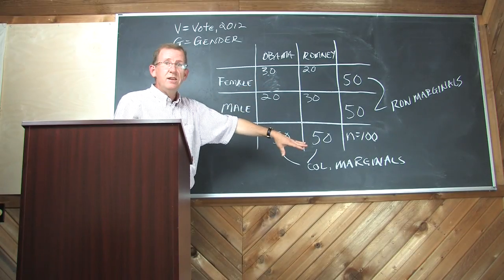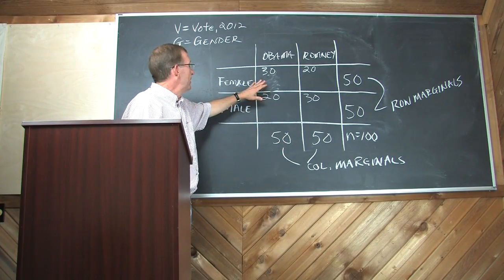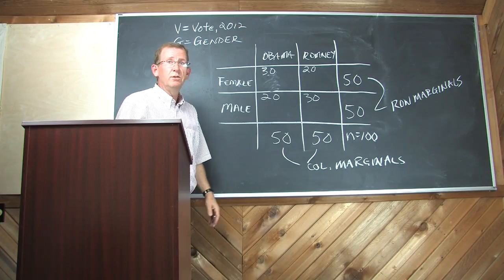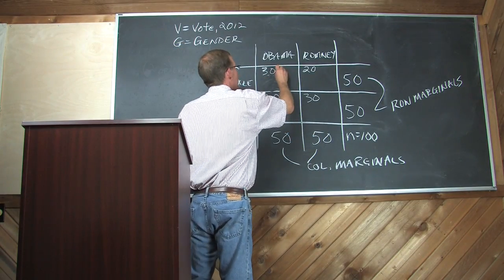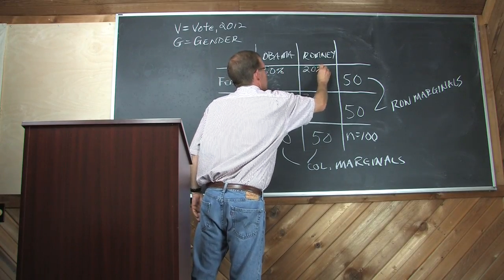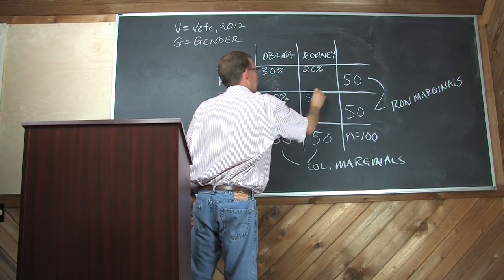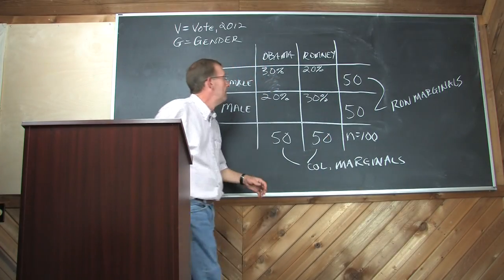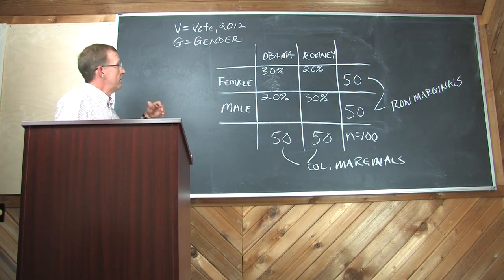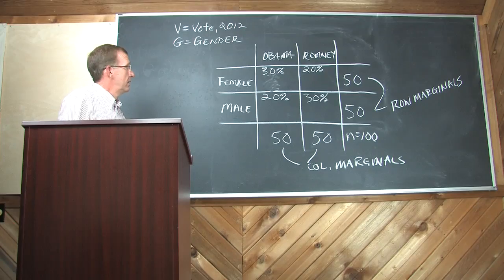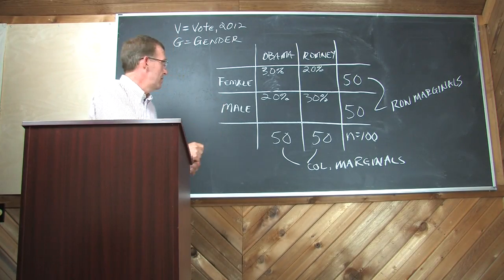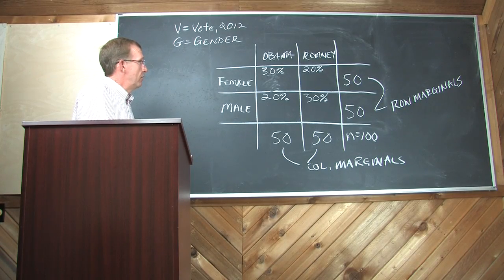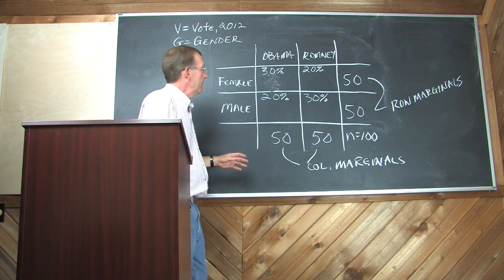Overall is what appears here, even with the raw counts, because 30 is 30% of 100, and likewise 20%. But to set this up for visualization, you would want to use percentages either by row, by column, or overall.